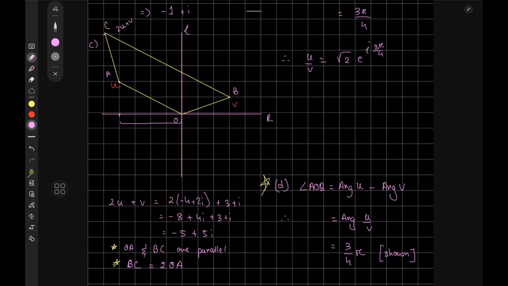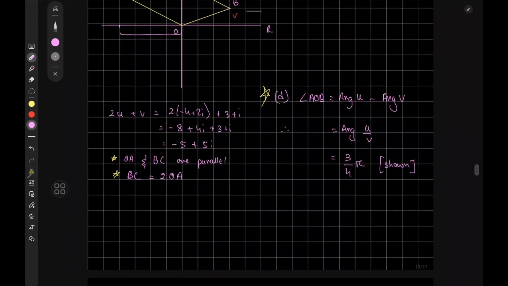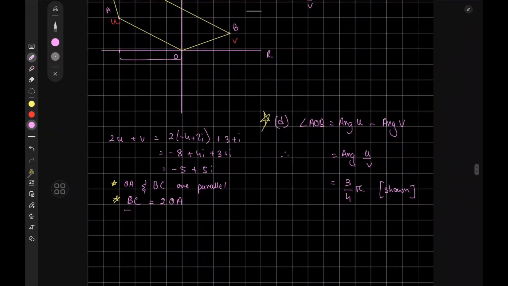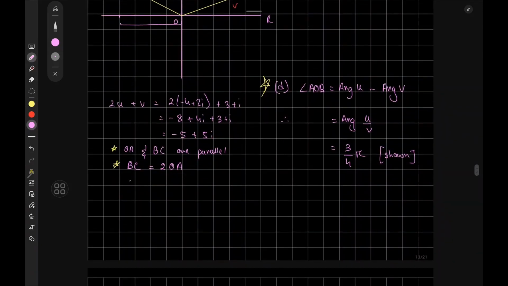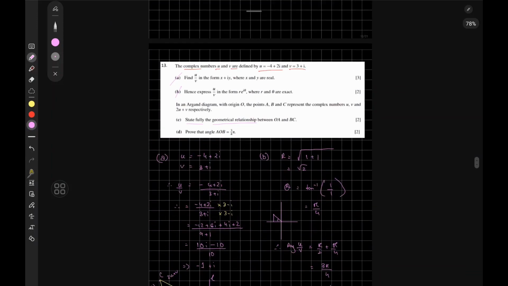So the lengths of OA and BC are in a relationship where BC is double OA. 2 OA lengths is going to give you 1 BC length. So this is another relationship. So that is answering question C.